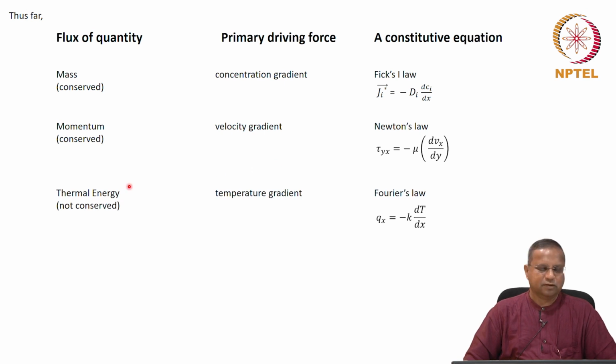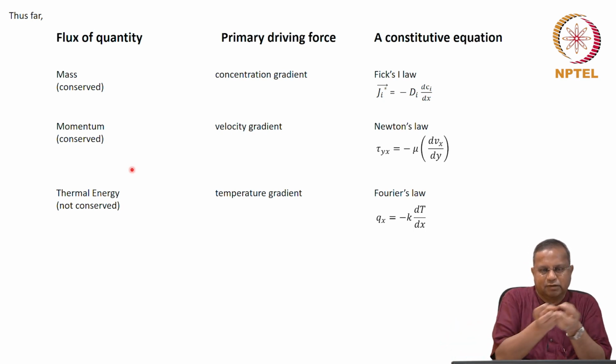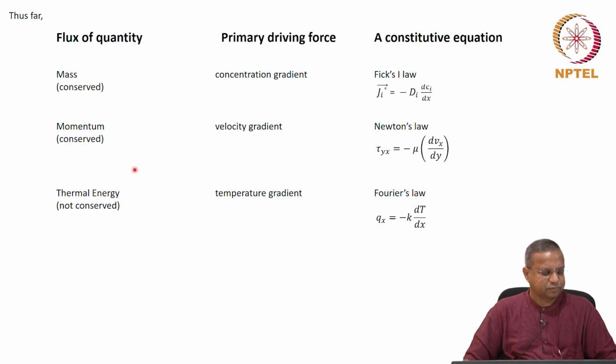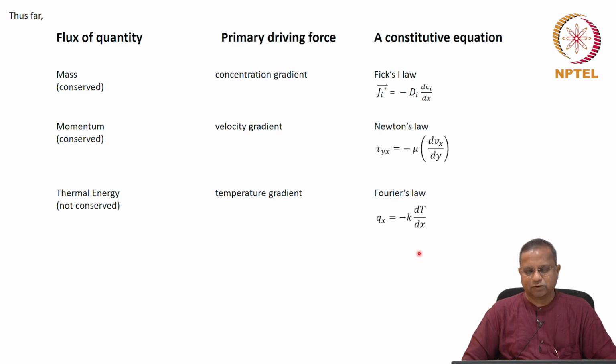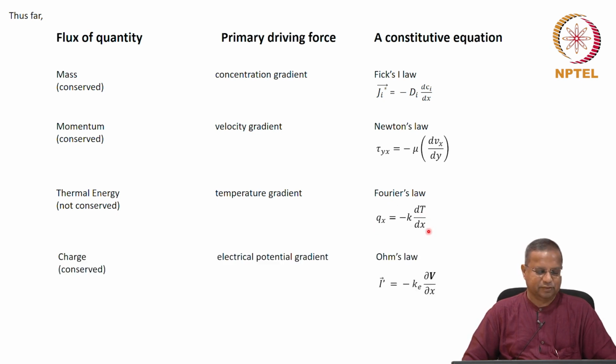Then we looked at thermal energy, which of course is not conserved. Starting with the energy balance equation, we pulled out the thermal energy, as you can see in the book. The primary driving force was the temperature gradient, and the constitutive equation was Fourier's law, q_x equals minus k dT/dx.